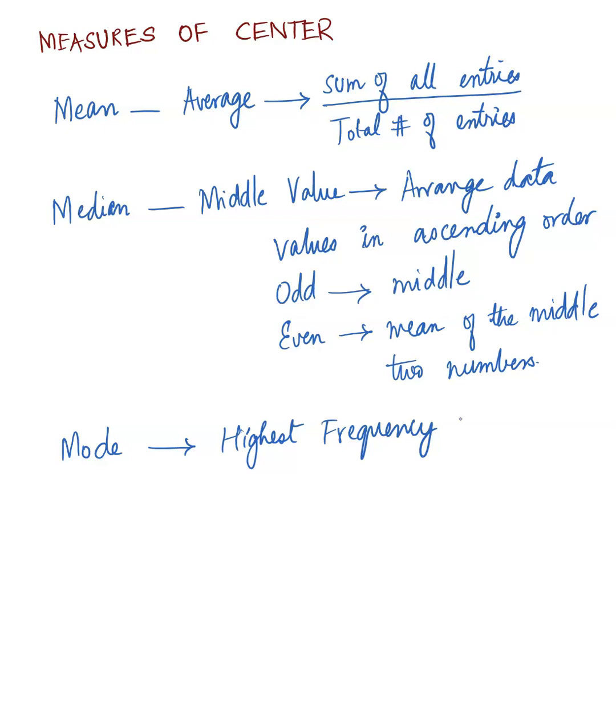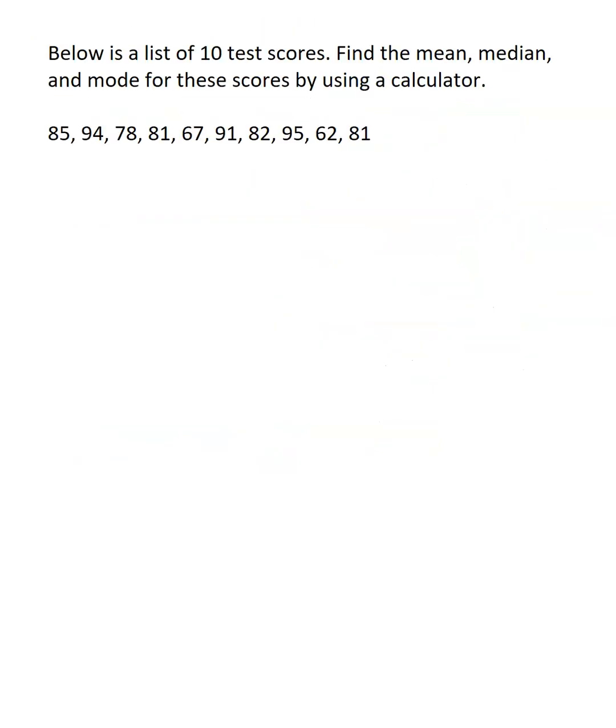So let's take a look at an example and see how that could be done. Here we are given a list of 10 test scores, and we're asked to find the mean, median, and mode using a calculator. So let me begin by showing you how to do it manually, and then we can cross-check it on the calculator.